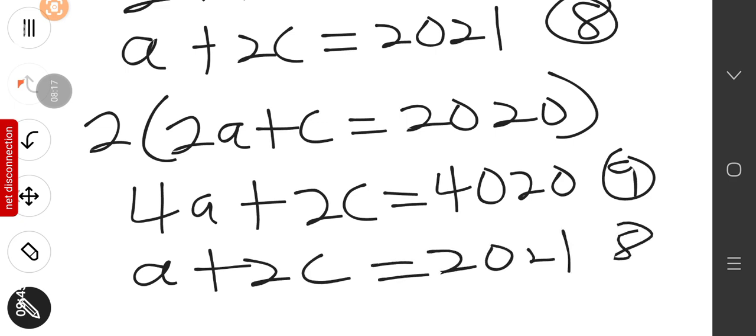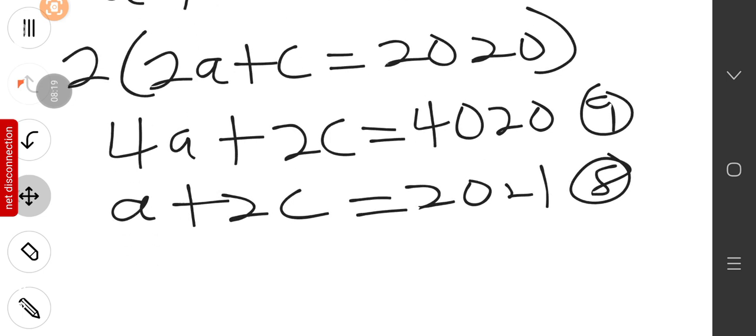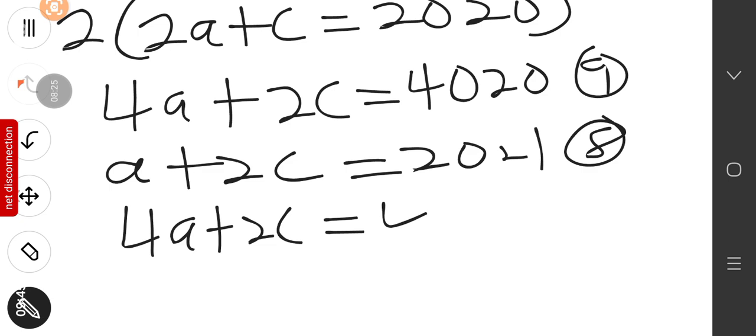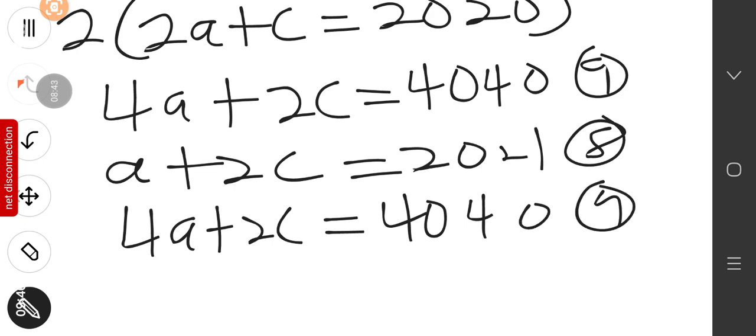This is equation 8, okay? And then equation 9 is 4a plus 2c equals 4040. I think I made some error, so this is 4040. All right, so this is equation 9.